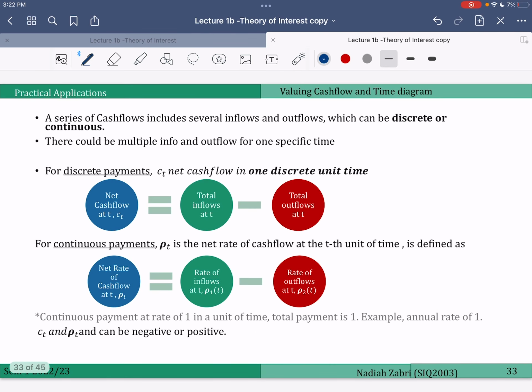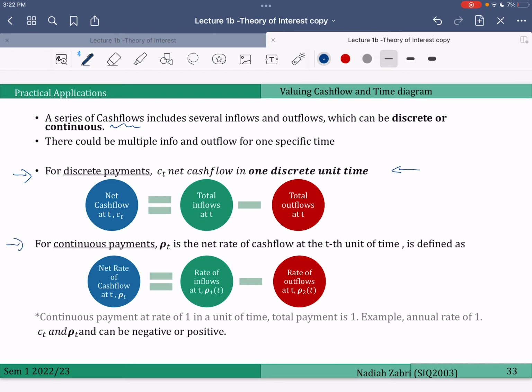Okay, so this is just going a bit deeper. As I said just now, cash flows can be multiple payments. Actually, cash flows can also be discrete payments or continuous payments.